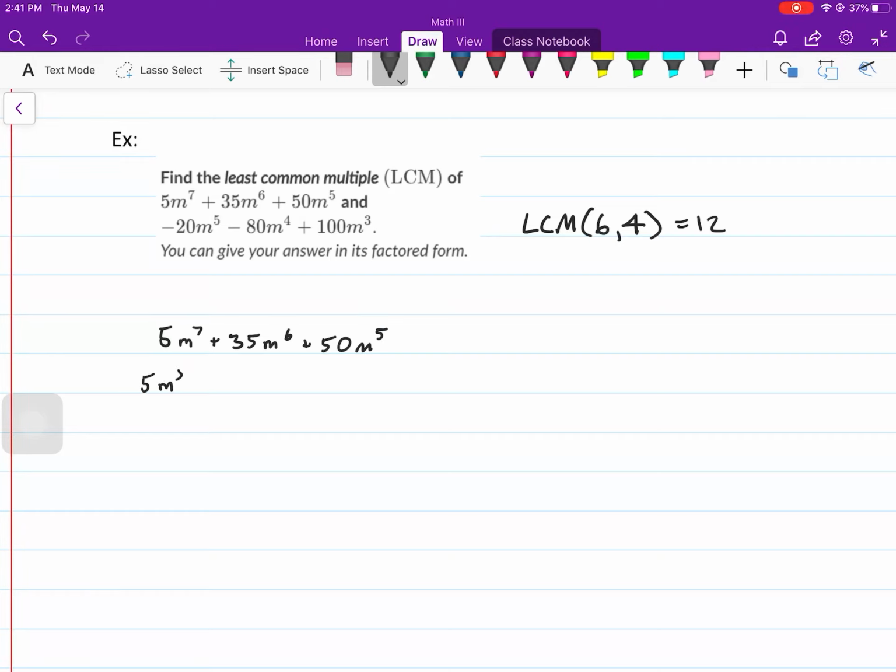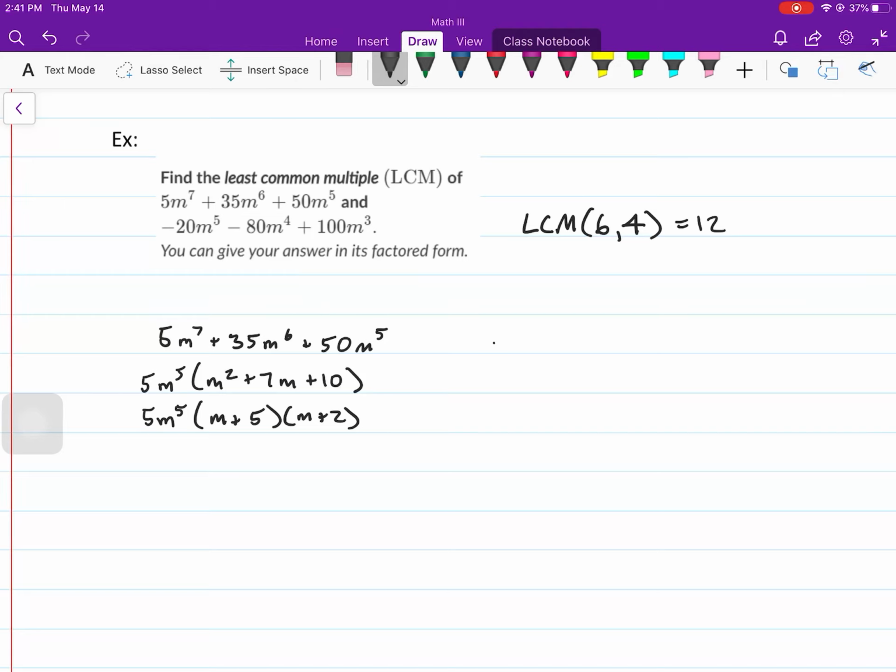So I can factor a 5m to the 5th from here, so that's m squared plus 7m, and then plus 10. And that could further factor down to become (m plus 5)(m plus 2).